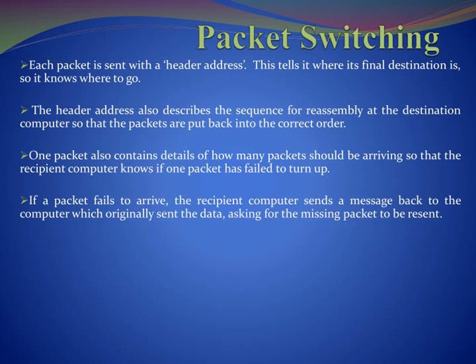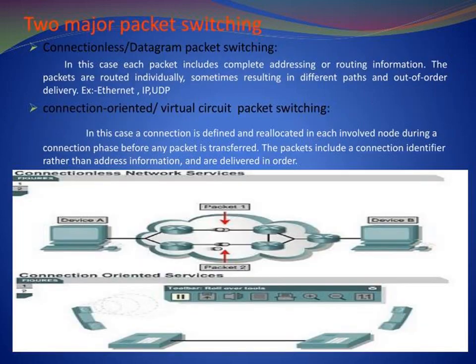Each packet contains the detail of how many packets should be arriving so that the receiving computer knows if one packet has failed to turn up. If a packet fails to arrive, the receiving computer sends a message back to the computer which originally sent the data, asking for the missing packet to be resent.